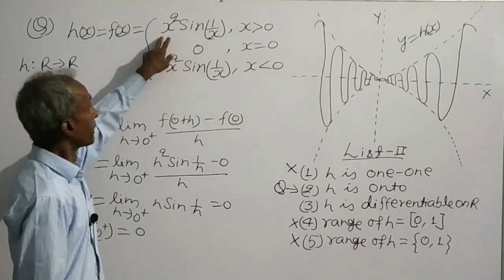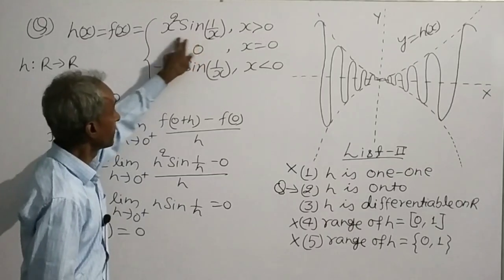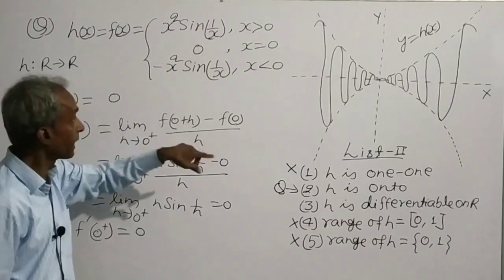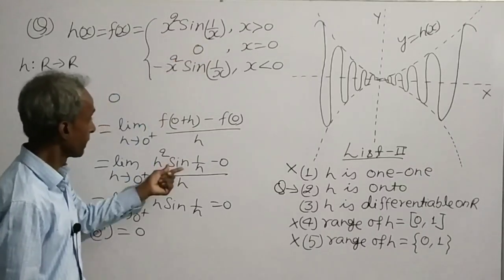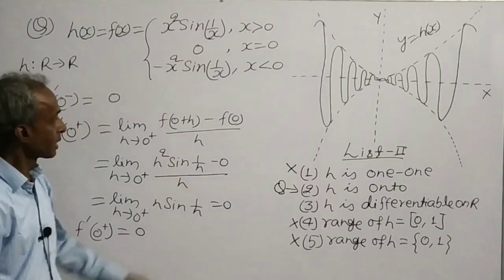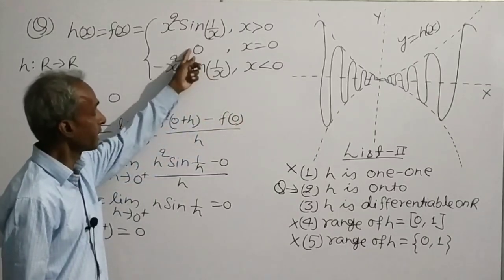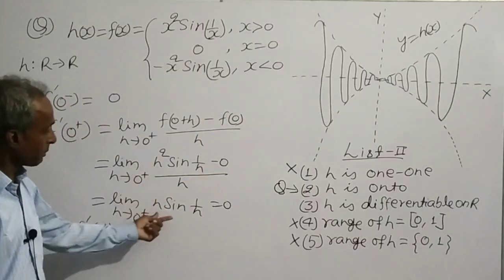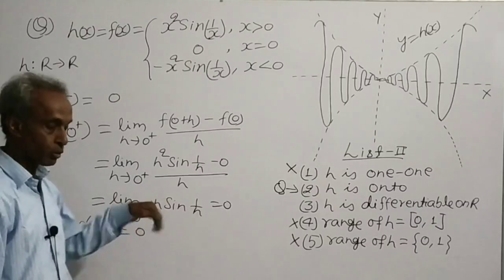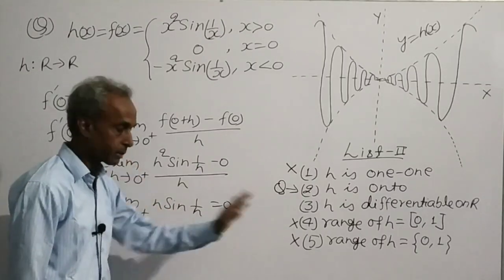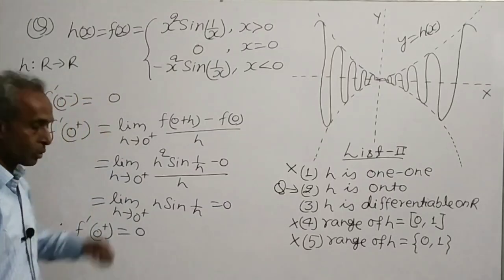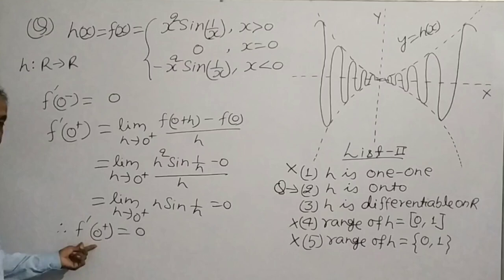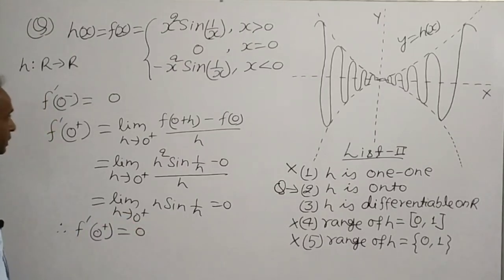Therefore, in place of x in this expression, we will put 0 plus h, meaning h, in place of x, and we get this. f(0) is written according to this rule. h and h will be cancelled out. This is 0 times numbers between -1 and 1. No indeterminate form, the value will be 0. Therefore, the right-hand derivative will be equal to 0.